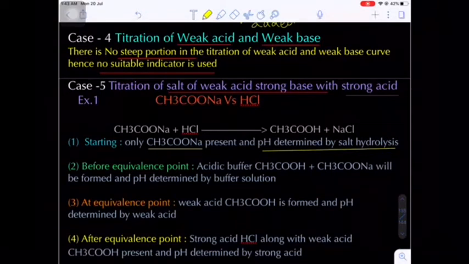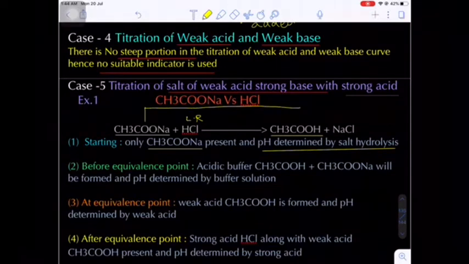So in the sodium acetate aqueous solution there is salt hydrolysis, that is anionic hydrolysis. So here the pH is determined only by salt hydrolysis. Are you getting my point? Now when we add hydrochloric acid to the sodium acetate, what happens? Acetic acid will be formed in the beaker along with sodium acetate, because hydrochloric acid here will be the limiting reagent before the equivalent point.